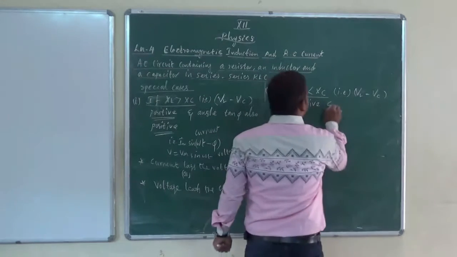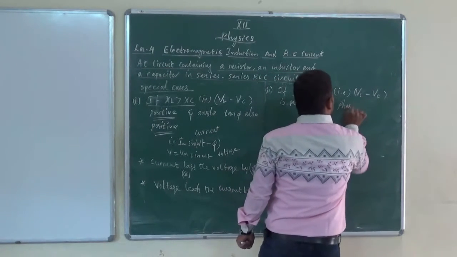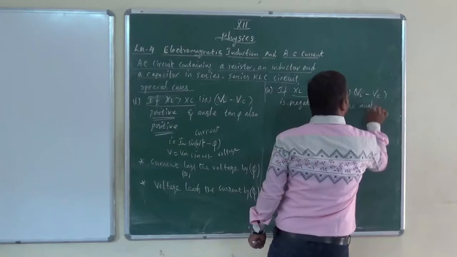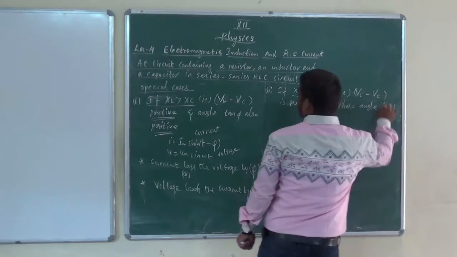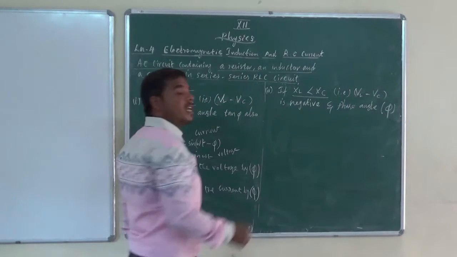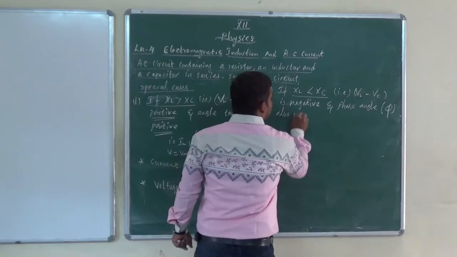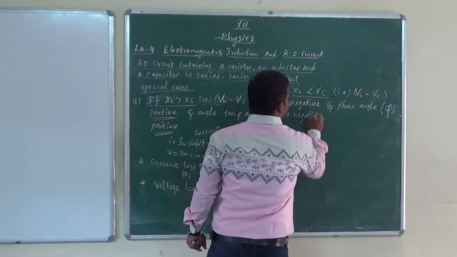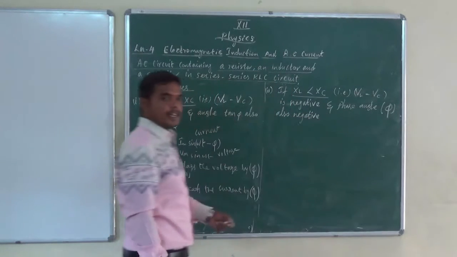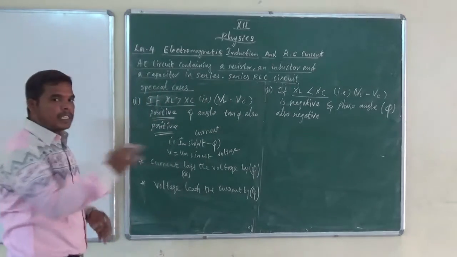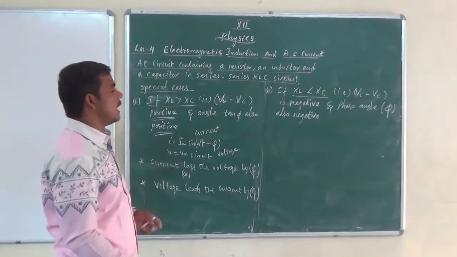And the phase angle, what is the phase angle here? The phase angle, tan phi, is also negative. Any confusion about when it is positive and when it is negative?